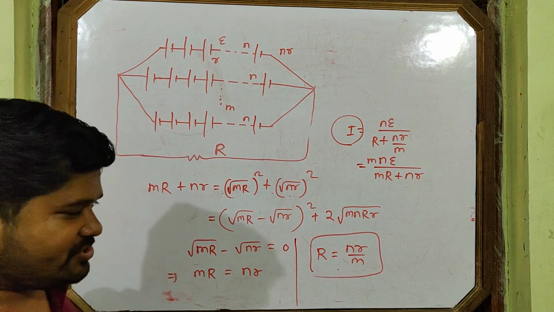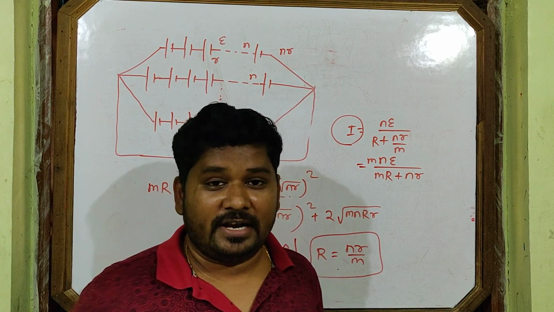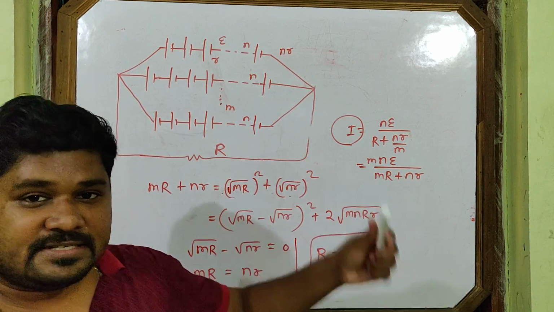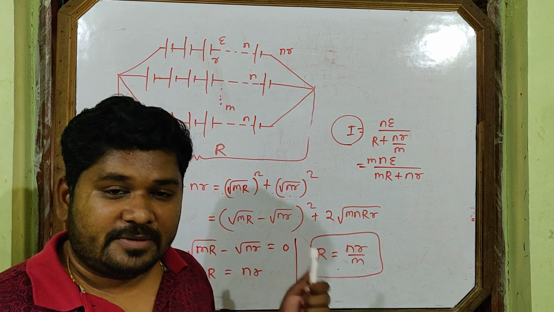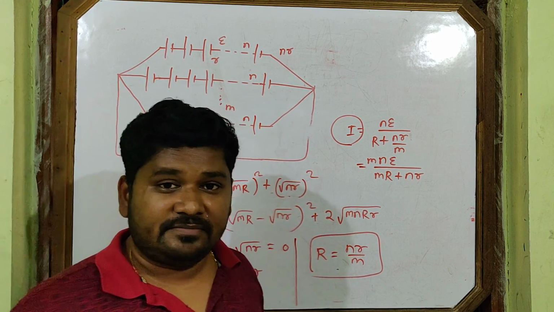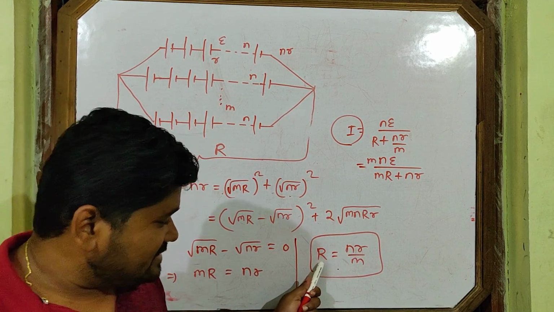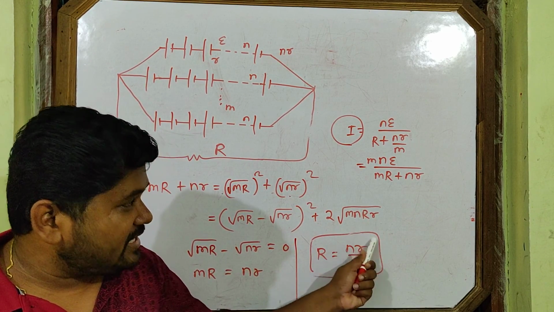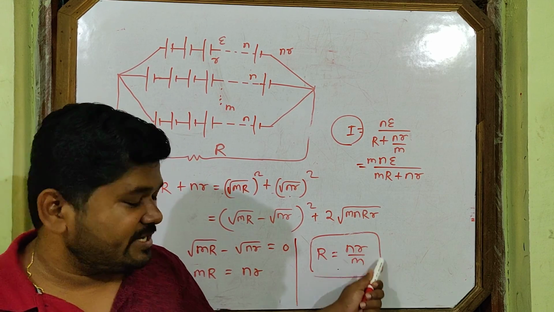Very important relation you see here. Maximum current, or the power also, will be maximum at that time if the external resistance is equal to the total internal resistance.